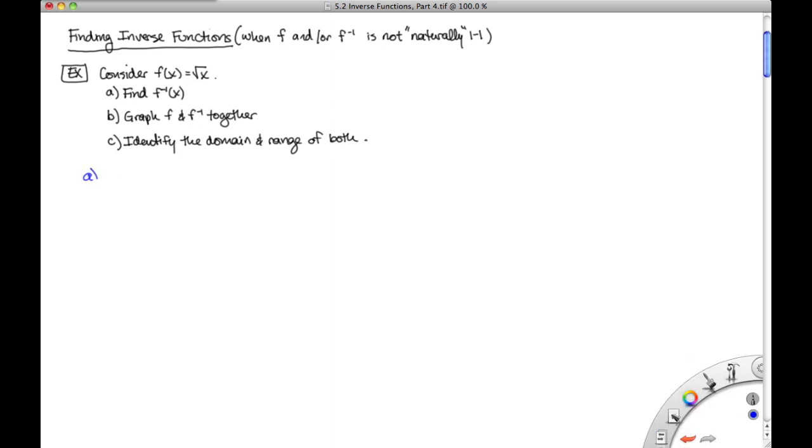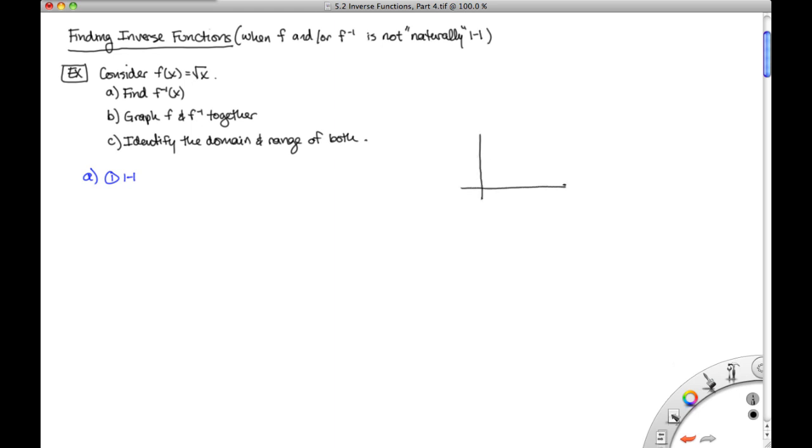So let's start with part A. We've got to find the inverse function. Well, we know how this works. The first thing we've got to do, step one, is see if the square root of x is a one-to-one function. Off to the side here, just so we can visualize this, I'm going to sketch a quick graph of the square root of x.